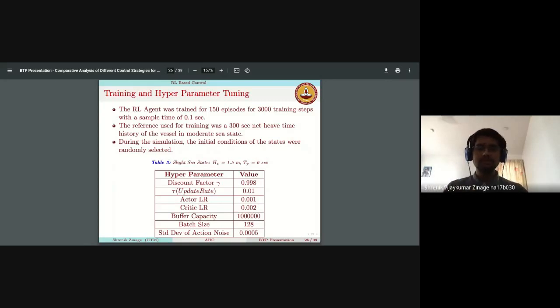At each training episode, the RL agent would implement some control input and get some output. Based on the output the RL agent gets, it compares it with the actual reference that I've given, which is the net heave in moderate sea state, and based on the difference, it tries to learn that it should track this reference. The parameters that I assumed are shown in table 3.